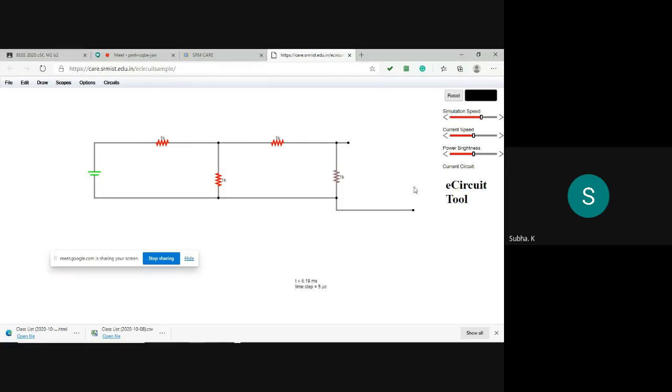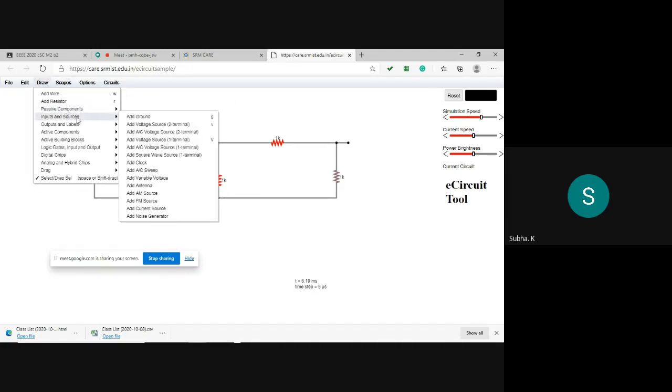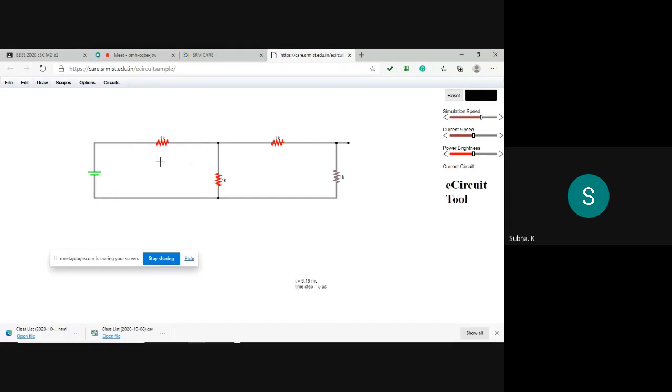RThevenin you have to calculate manually. Again I will add one voltmeter probe.